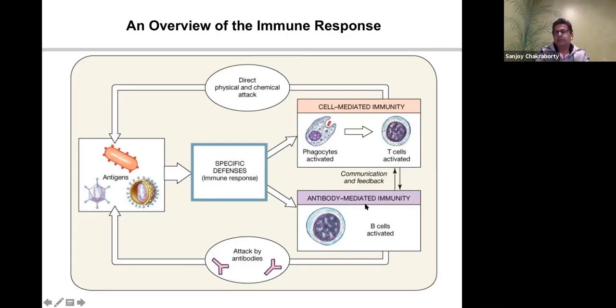And we call the other antibody-mediated defense, and some books use the term humoral immunity. Humor means liquid, so that's where the antibody is involved. One is cell-mediated, done by T cells; one is antibody-mediated, done by B cells, okay?